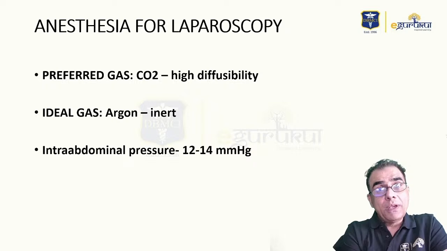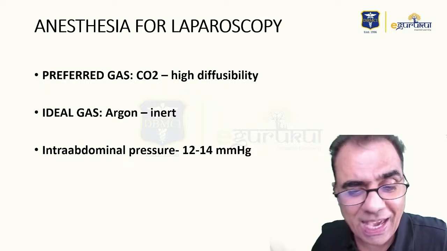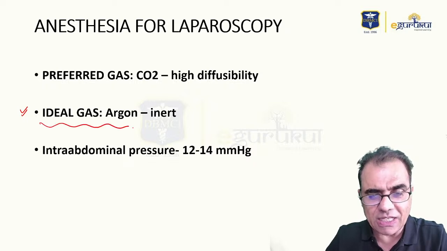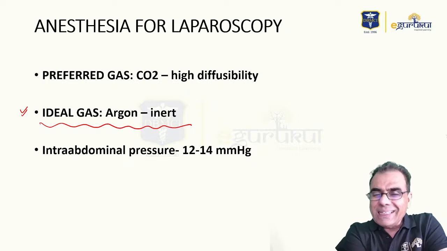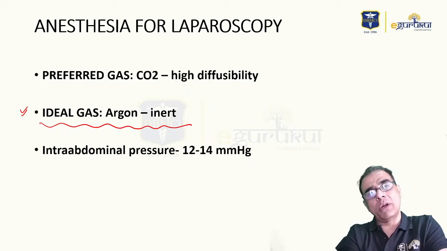For laparoscopy, very commonly used, many surgeries are done laparoscopically, where we insufflate the gas. Although the ideal gas for insufflation is argon, because it is inert, no side effects, this argon is so expensive that even in Western countries they are not able to afford it.